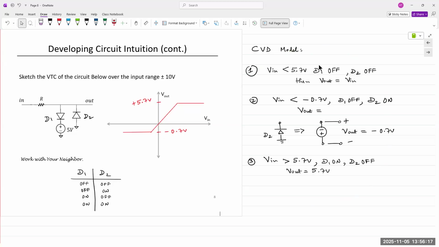And then a subset of being less than 5.7 is how low can you go. Well, if you go lower than minus 0.7, at that point D2 turns on. So there would not be any possibility when both are on at the same time. Okay, thank you.